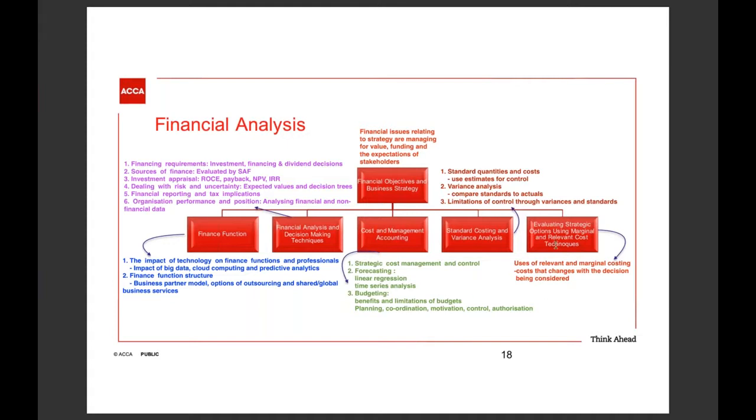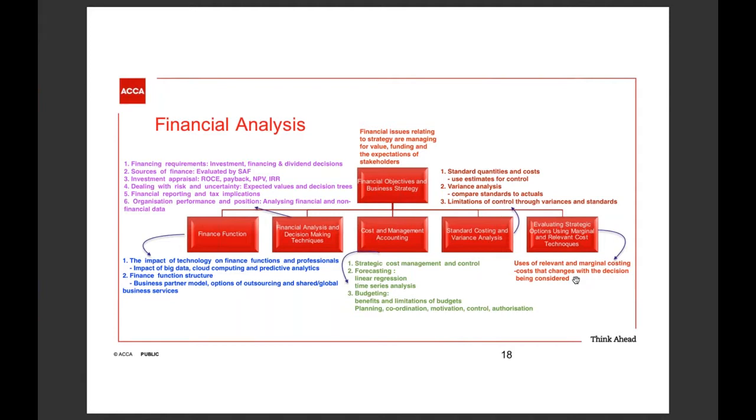So the last techniques that you have learned before is definitely that you have to evaluate the strategic options that you have. Sometimes you may need to use marginal and relevant cost techniques. In using these techniques, you must remember, this goes back to your management accounting, and you need to take into consideration the costs that change with the decision being considered.